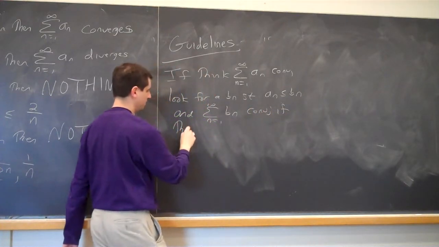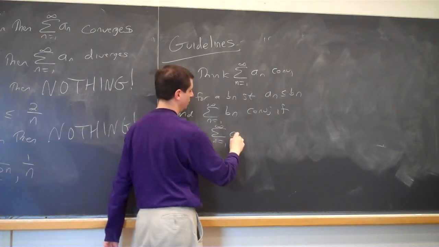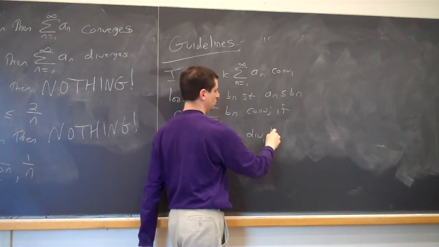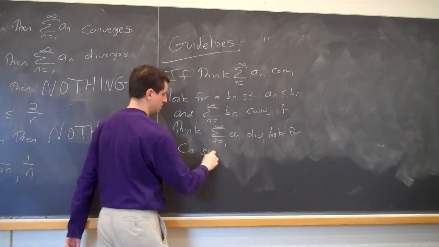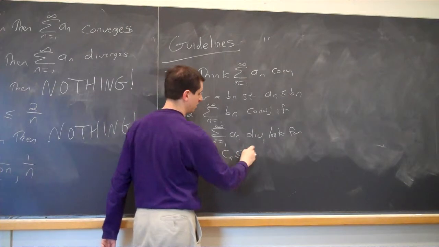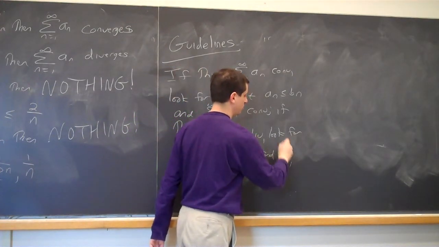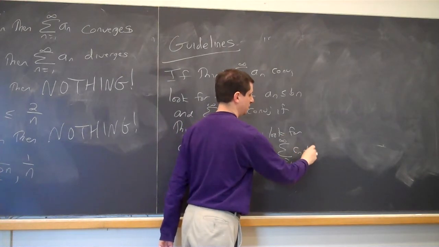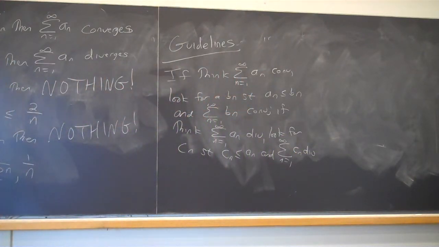If you think the sum, n goes from 1 to infinity, of An diverges, look for a Cn such that Cn is less than or equal to An, and the sum n goes from 1 to infinity of Cn diverges. This is how you should use the comparison test.